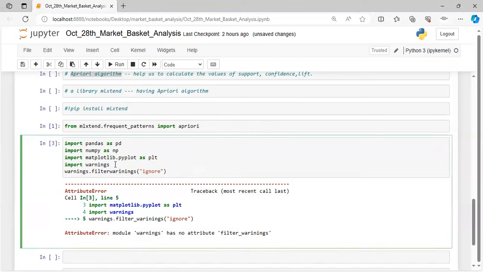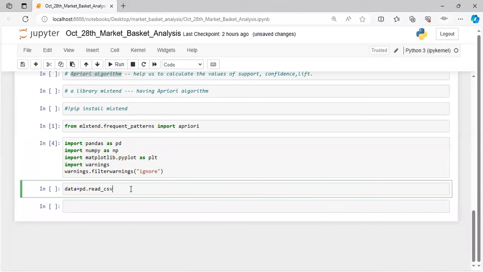Just read the file: data is equal to pd.read_csv, marketing optimization.csv. This is the name of the file. Marketing optimization. Why is it giving the error?